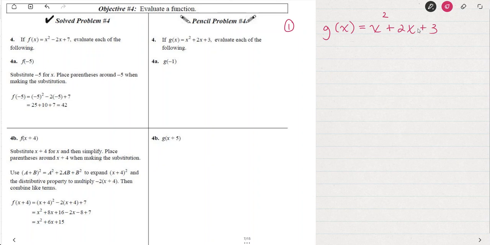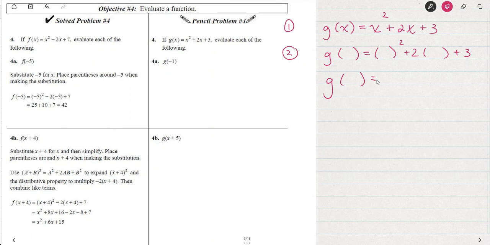So you might be reading the example from the screen, but on your paper, I'd encourage you to write the function. Next, I'd encourage you to rewrite that function, but put an empty parenthesis for every x.